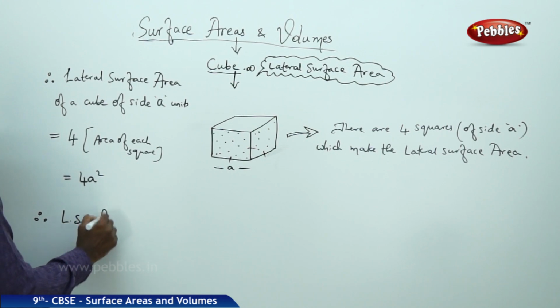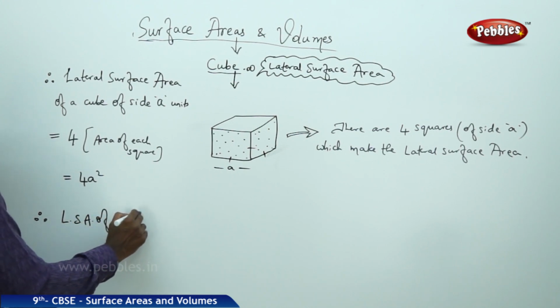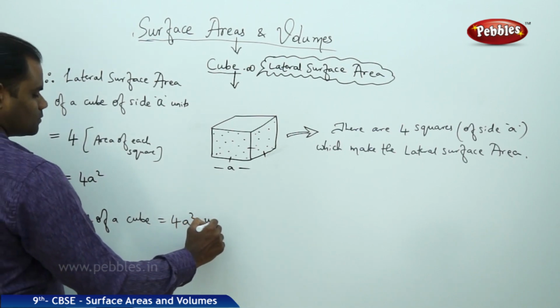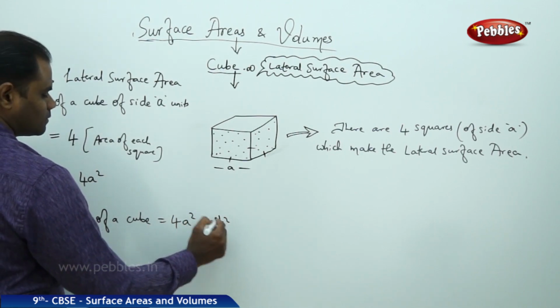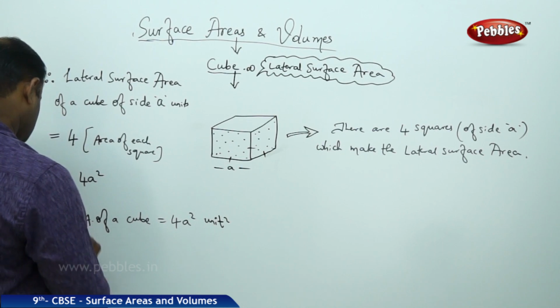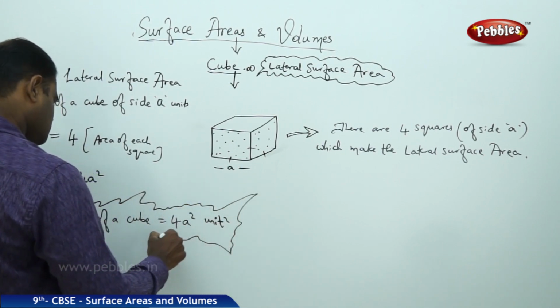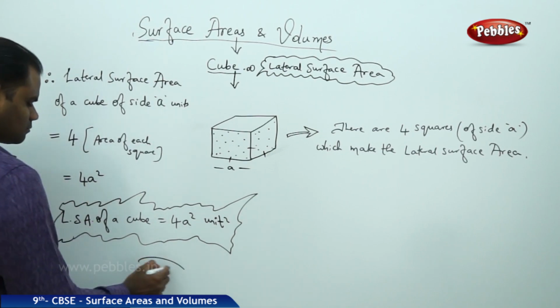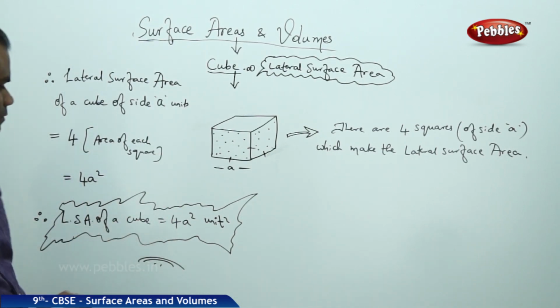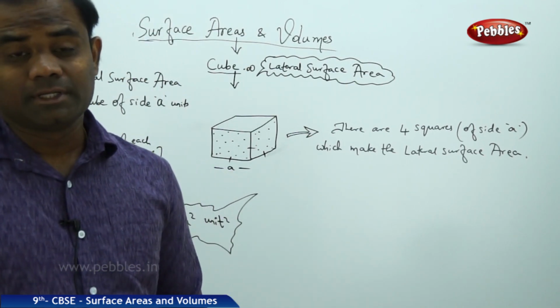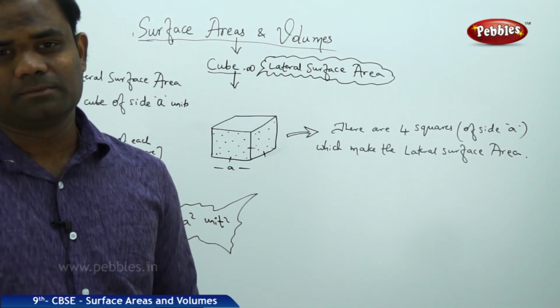Therefore, LSA of a cube is 4a square unit square, the lateral surface area of a cube.